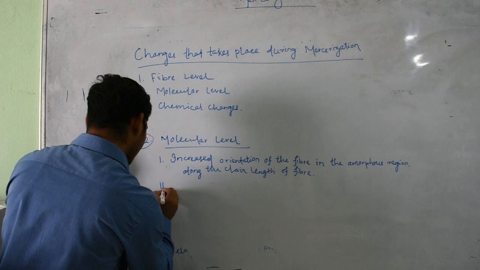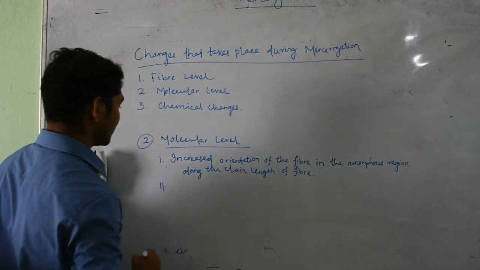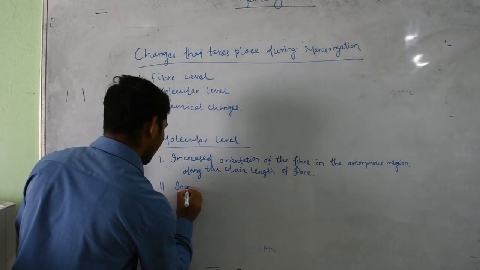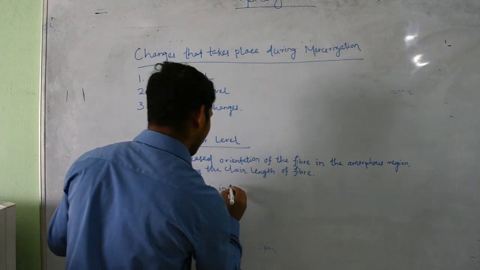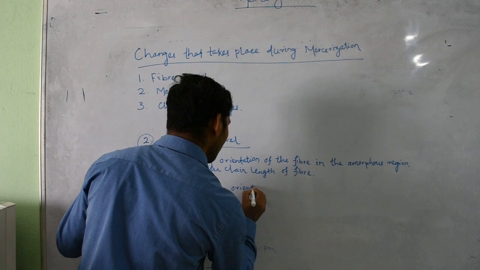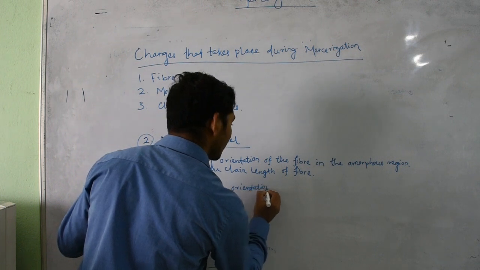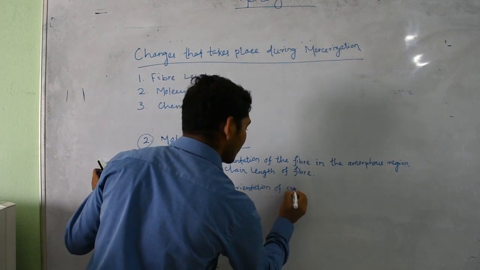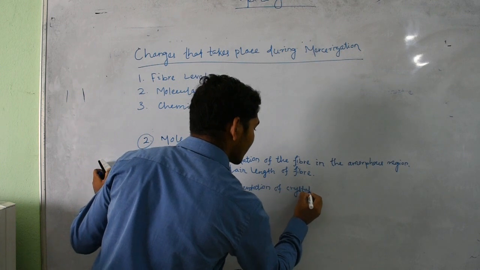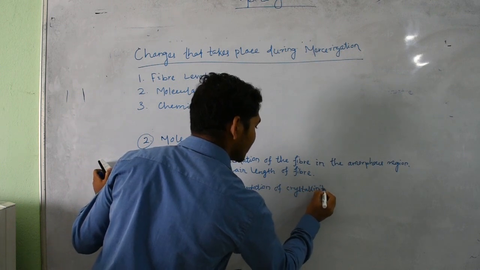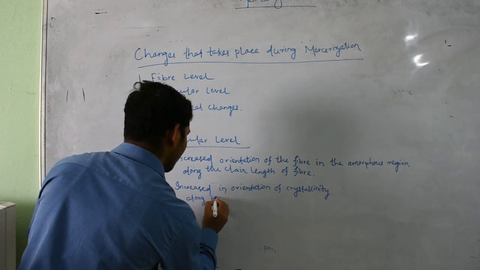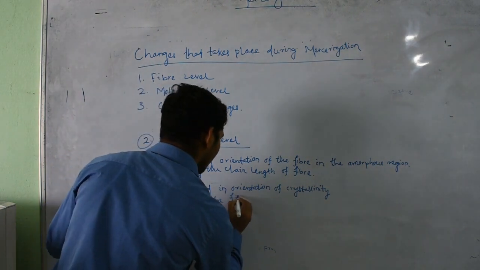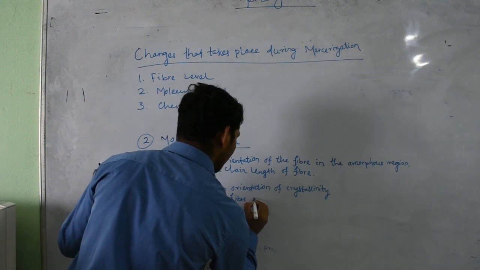The second change that takes place in the molecular level is increase in orientation of crystallinity along the fiber chain length.